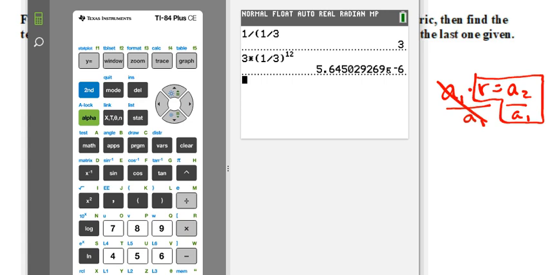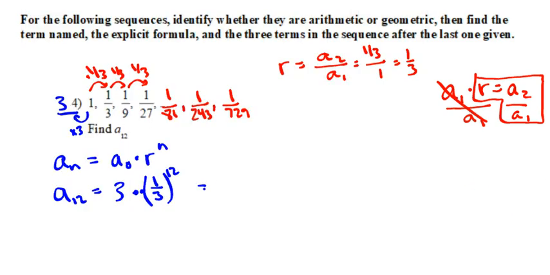It's actually a really small number, E-6, times 10 to the -6. That means we're moving the decimal backwards 6 places, so 0.000005 is the actual number. And I'm okay with you just writing 5 times 10 to the -6 as your answer.